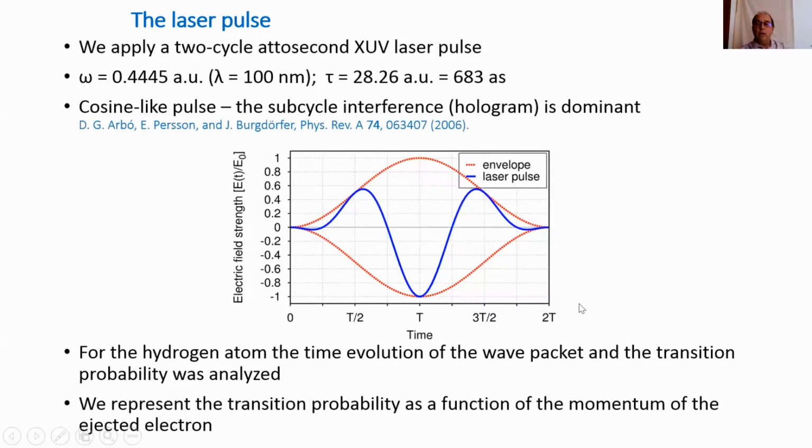In the following, I will show you what we have obtained for the time evolution of the wave packet and the transition probability for the hydrogen atom. We represent the transition probability as a function of the momentum of the ejected electron.